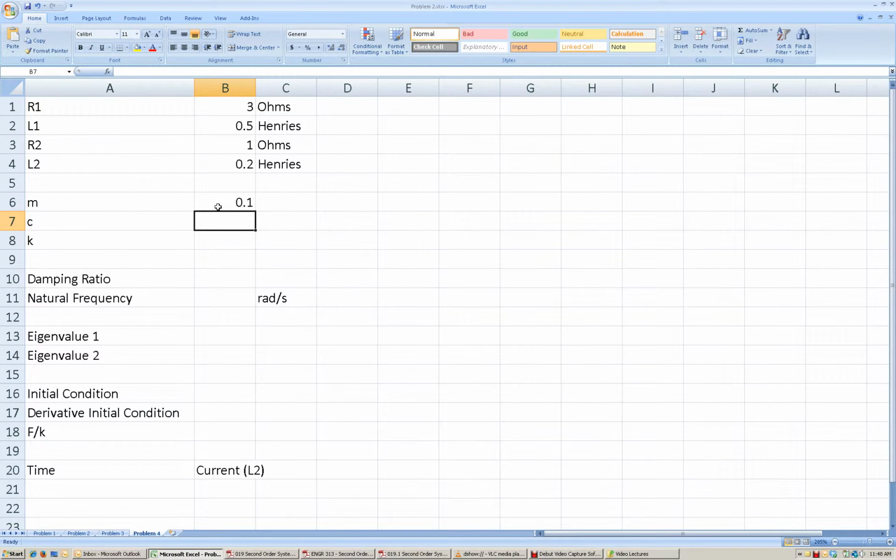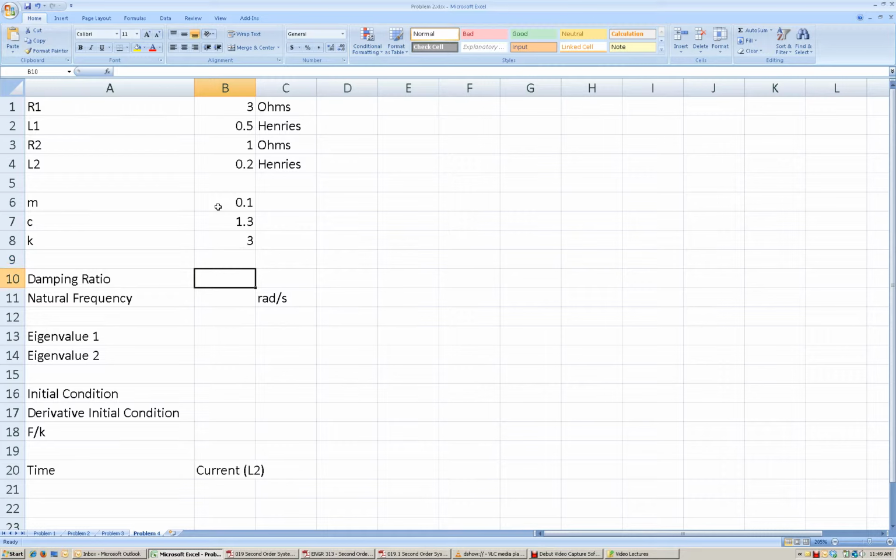My damping term is equal to R1 times L2 plus R2 times L1 plus R2 times L2. And my stiffness term is the product of the resistances, R1 times R2.